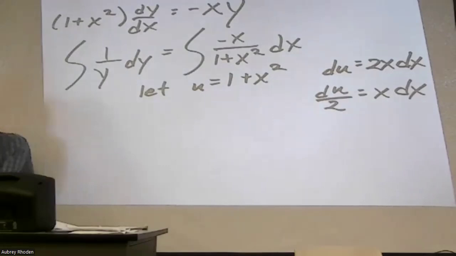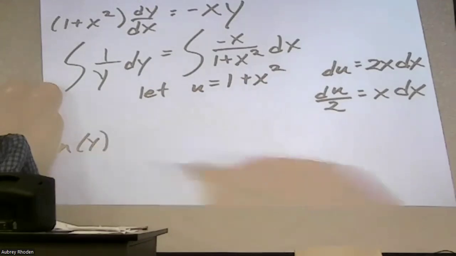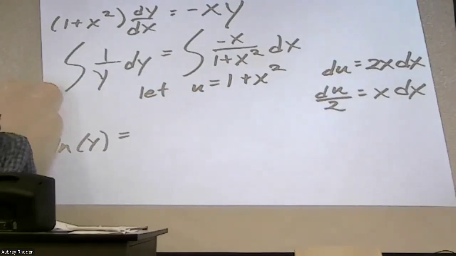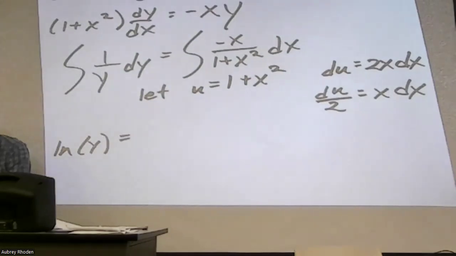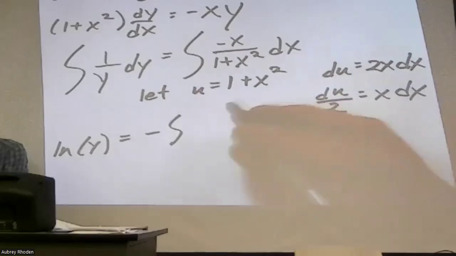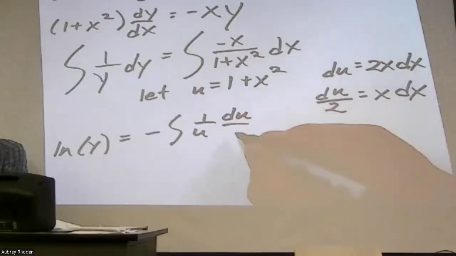So the integral of 1 over y, let's just go ahead and do that so I don't have to write it all over again, turns into the natural log of y. That minus sign right there, I'm going to pull out to the front. So this can be the negative integral of 1 divided by u, du divided by 2.